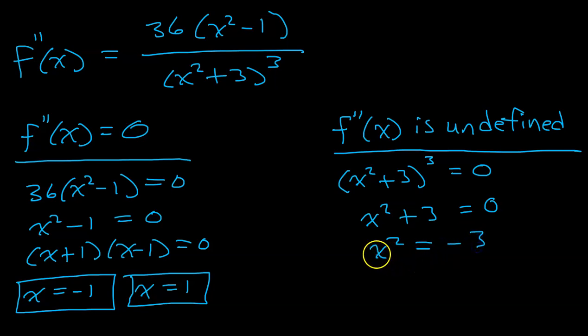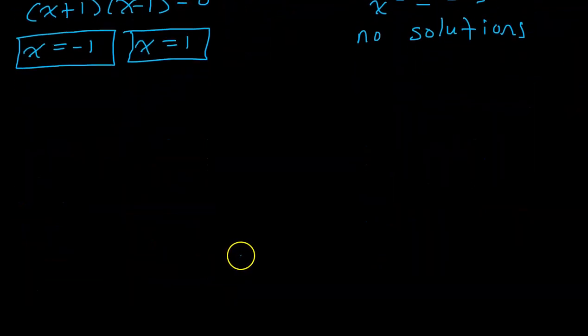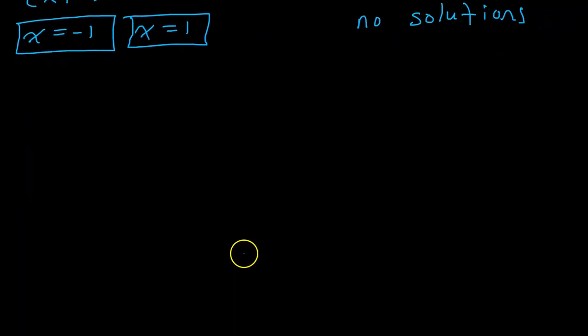And once again, you can't square something and get a negative number. So there will be no solutions here. So these two numbers, negative 1 and positive 1, are the only critical numbers. Let's go ahead and set up our number line and use the second derivative test.